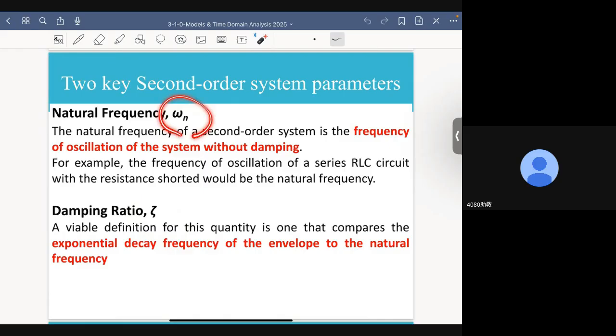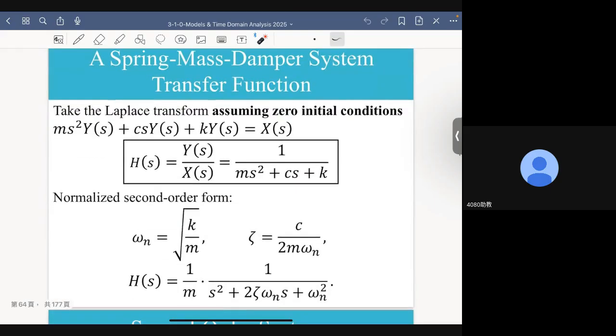One is natural frequency, and the other is damping ratio. Natural frequency is defined as the square root of K over M, and damping ratio is defined by this equality. Remember that this is damping ratio, and this is damping coefficient. Both of them represent the damping effect of the system.